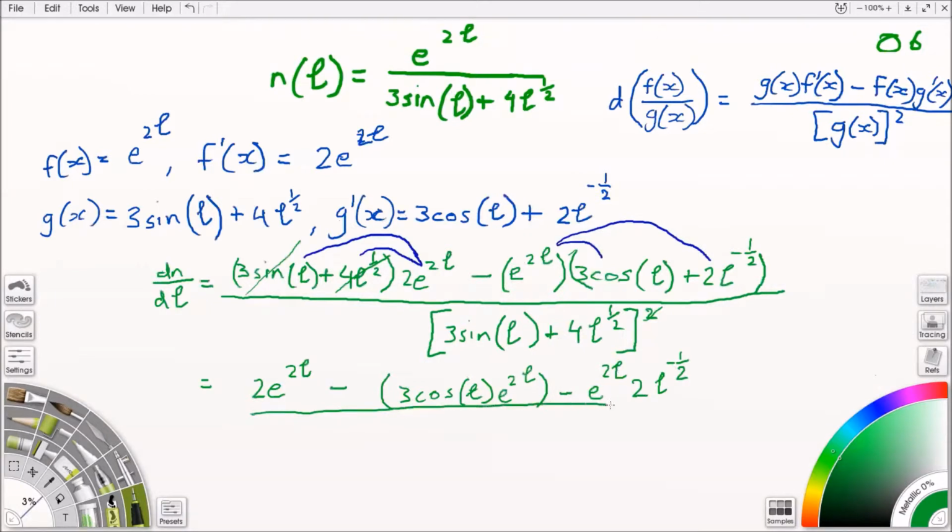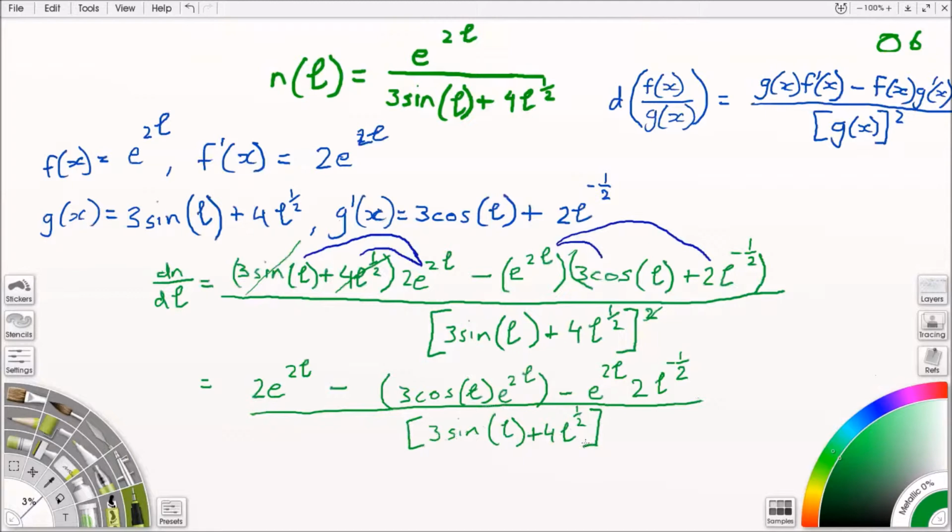All that will be over 3 sine L plus 4 L half.